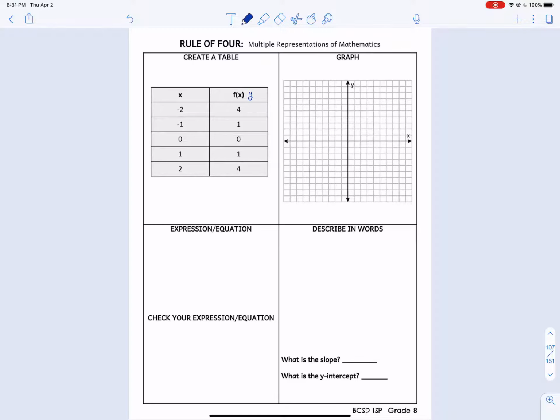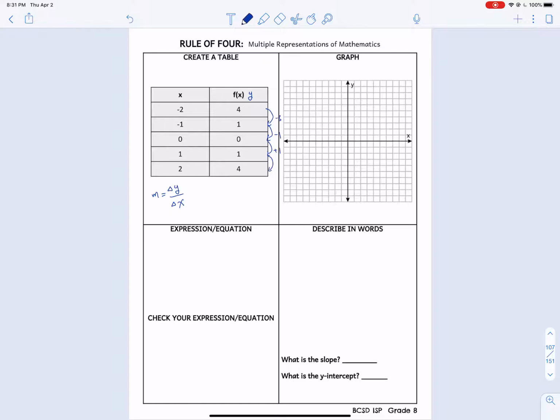And our slope for a table is the change in y over change in x. So let's look at that. Okay, so from 4 to 1 is -3. From 1 to 0, that's -1. And then we're back at 1.